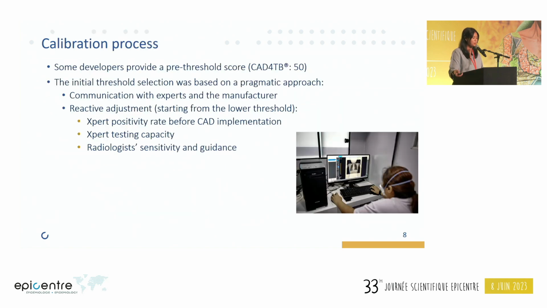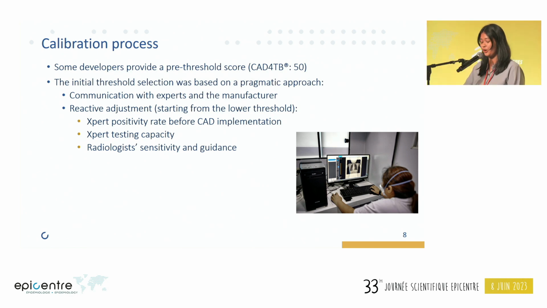For the calibration process, although some developers already provide a preset threshold of CAD, usually 50, it still requires calibration that selects the best threshold for your context. And so we selected the initial threshold through a pragmatic approach. We consulted experts and started from a lower threshold and did reactive adjustment. First, we looked at the GeneXpert positivity rate before we implemented CAD.